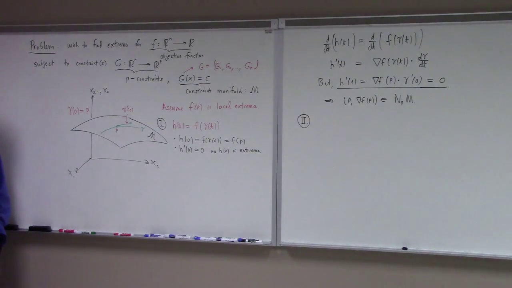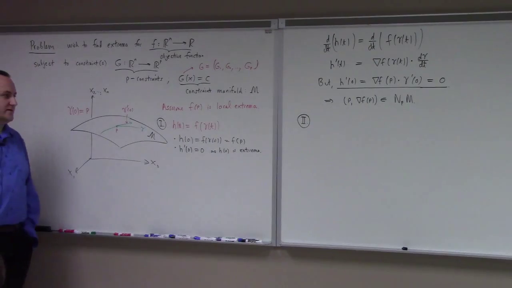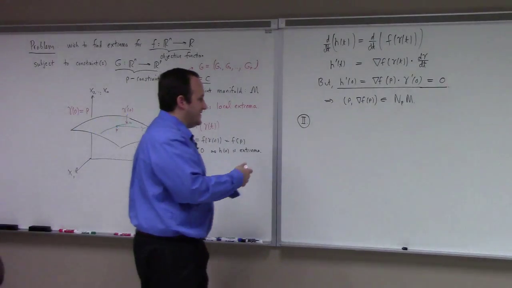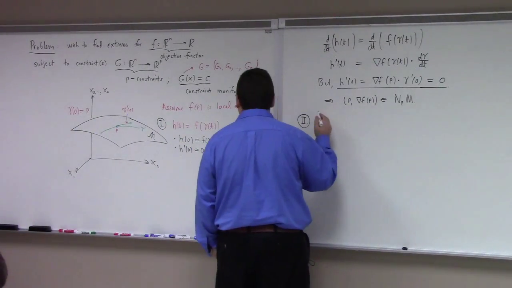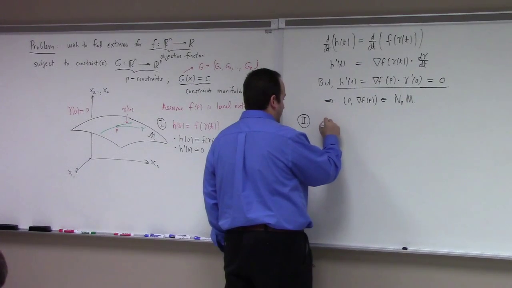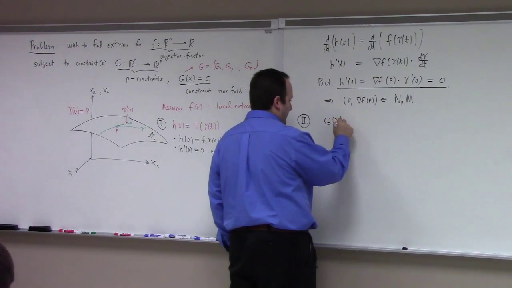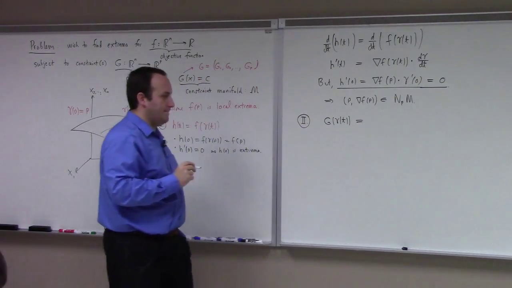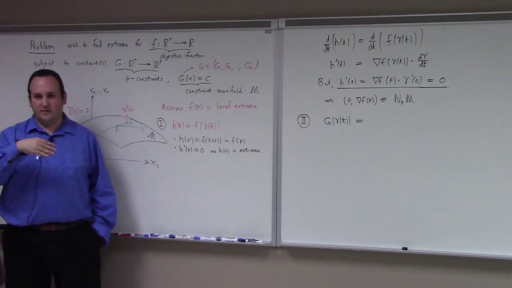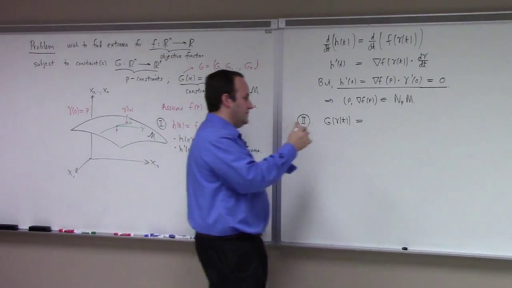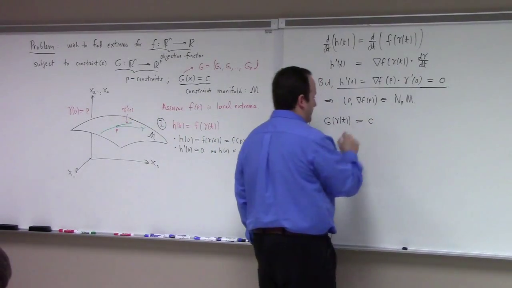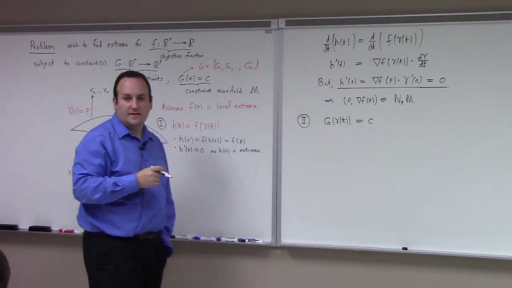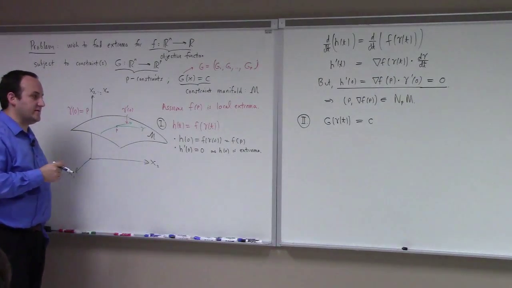But on the flip side, I'm just deriving things I talked about last class, but for the sake of this argument being self-contained, let me include this comment. We also know that g of gamma of t is equal to c, because the curve is on the surface, on M, the constraint surface.